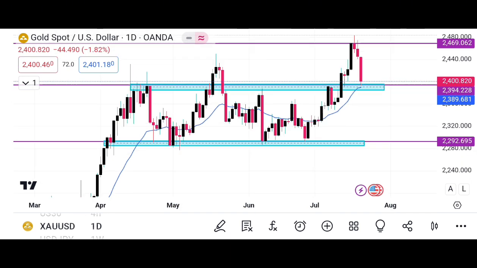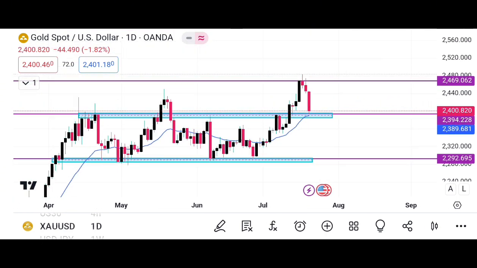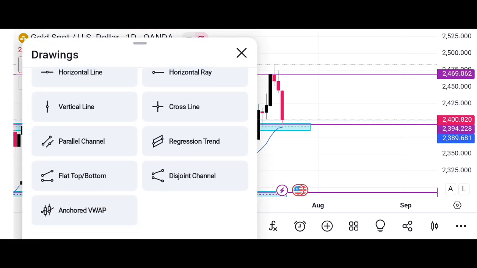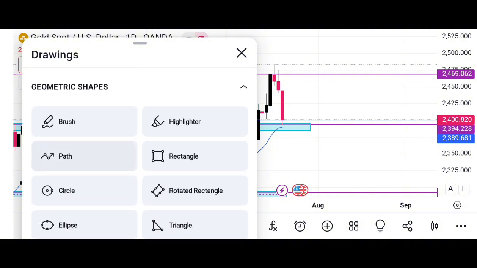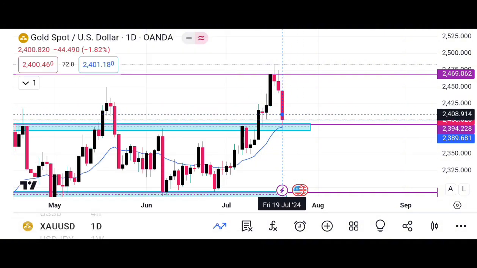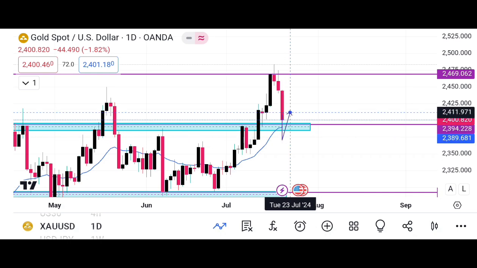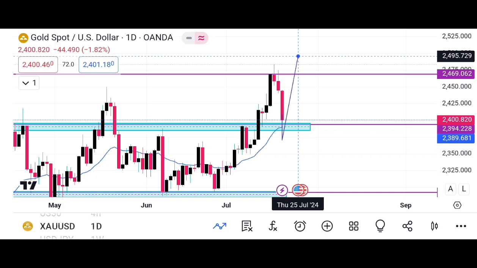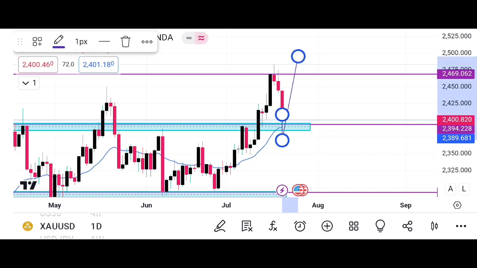So what I'm looking for, that candle might come, spike below, then decide to shoot up, then we go up, just like that.